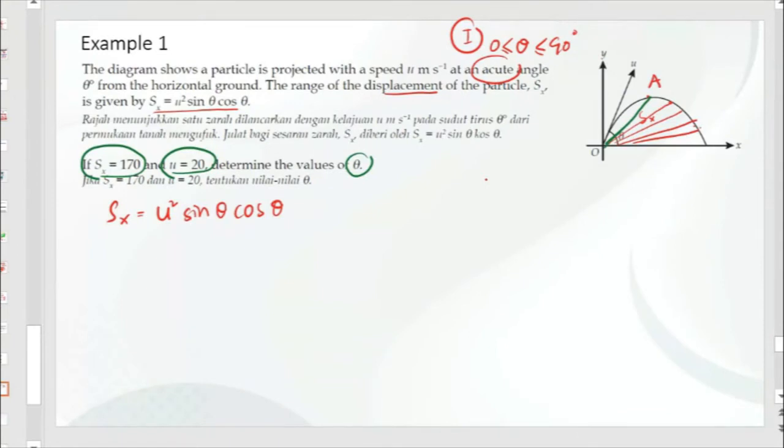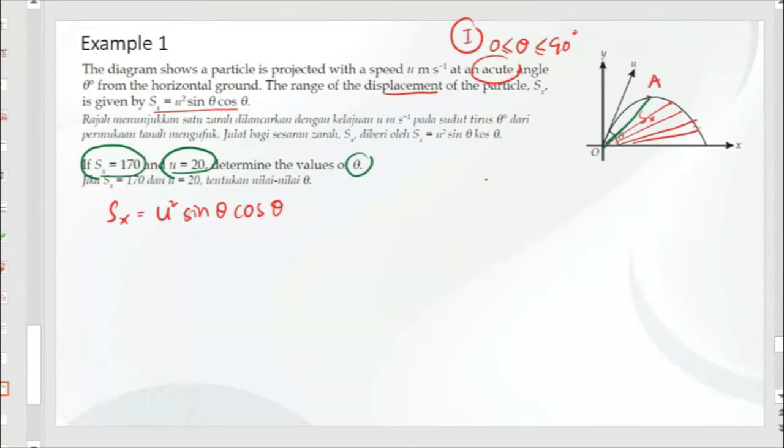So what you need to do? You need to simplify it so that it becomes a single trigonometry only. For example, sin cos, maybe you can change the form so that it becomes sine theta only, or cos theta only.